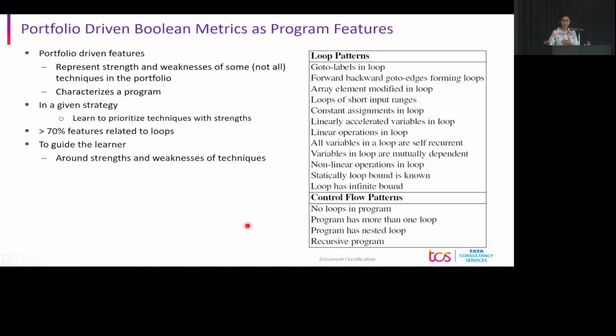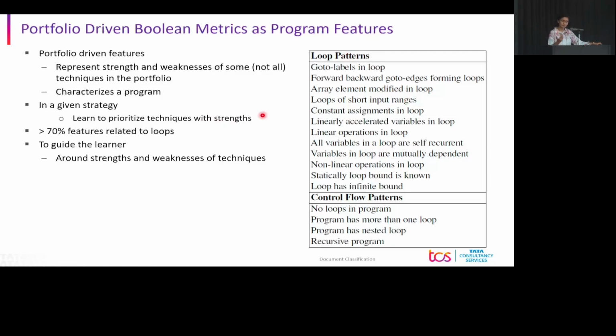If n is the number of techniques in the portfolio, then it can allow us to select n factorial strategies, because you can just arrange in whatever way you want to. And we said so far we have been having strategy selection using Booleans which define the characteristics of a program. So we decided to have many features which are portfolio driven.